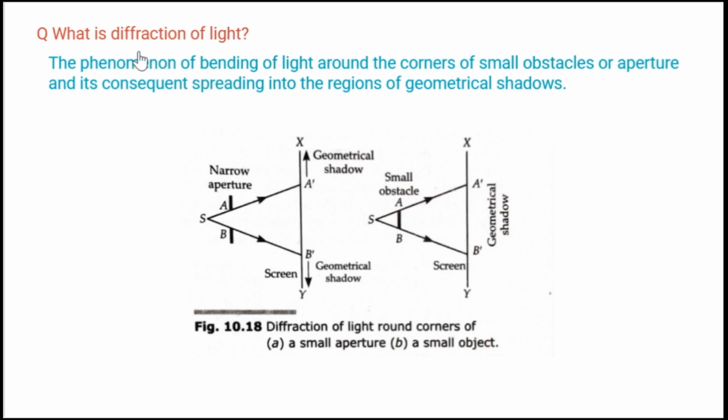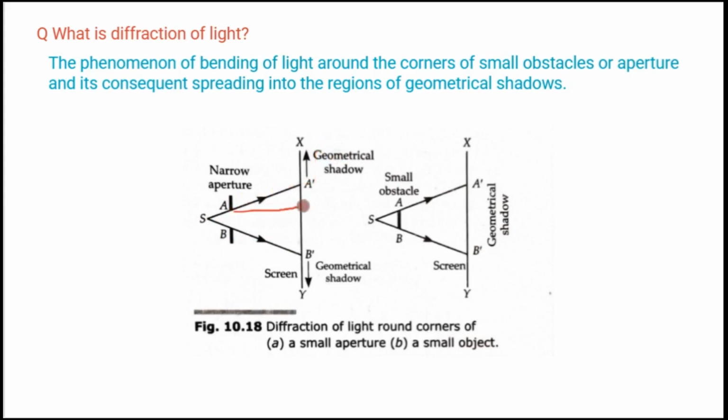So now we can answer, what is diffraction of light? The phenomenon of bending of light around the corners of small obstacles or aperture and its consequent spreading into the region of geometrical shadows. We have discussed the two cases where we have allowed the light to pass through a narrow aperture. Now when the light passes through the narrow aperture, what happens?